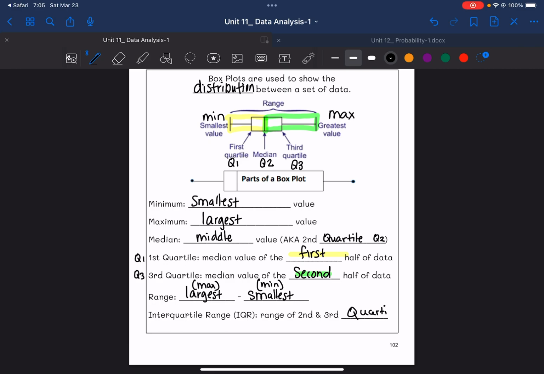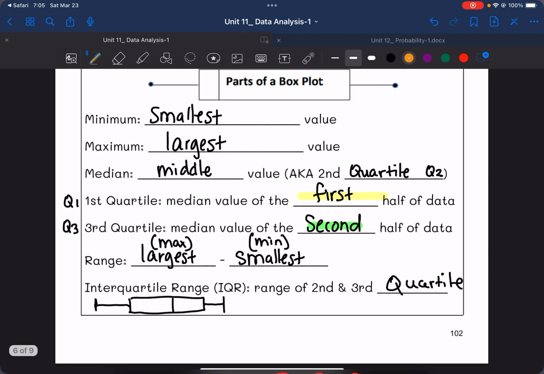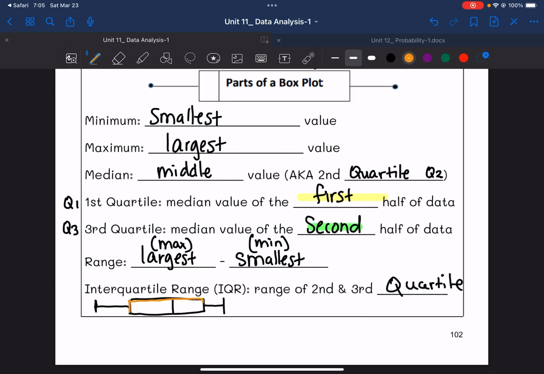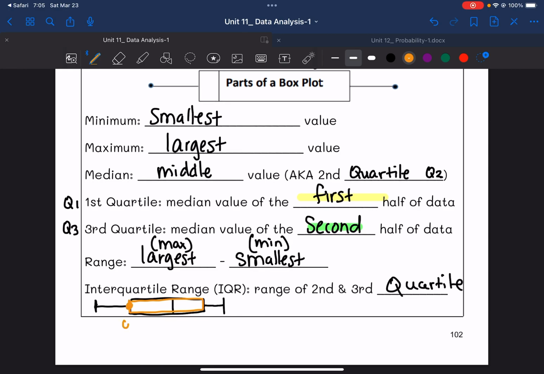And what that basically means is you are going to take, here I'm going to draw it for you, if we have a box, let's just make one. So here what we're doing is we're only looking at this part, and specifically this point, Q1, and this point, Q3.